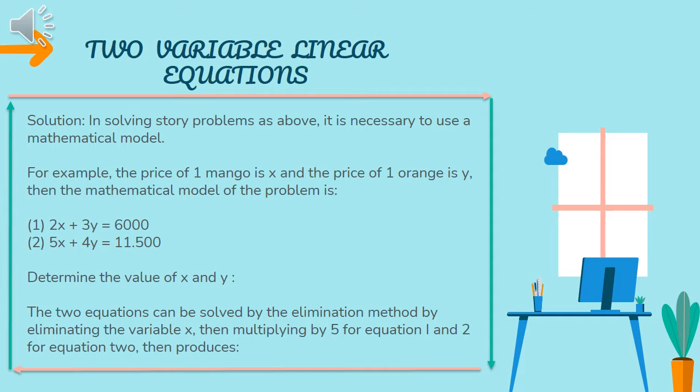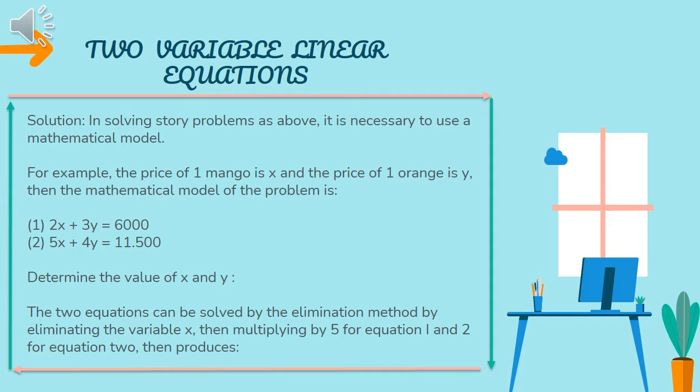In solving story problems as above, it is necessary to use a mathematical model. For example, the price of one mango is x and the price of one orange is y. Then the mathematical model of the problem is 1. 2x plus 3y is 6,000. 2. 5x plus 4y is 11,500.